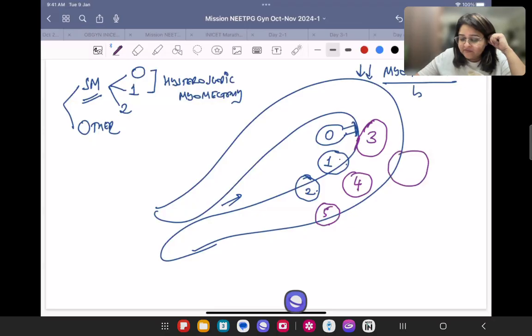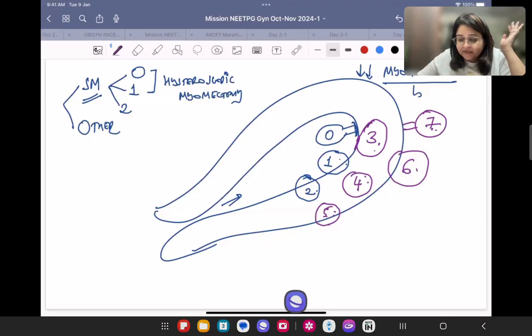This is a type 6 fibroid. More than 50% is subserous, less than 50% is intramural. This is a type 7 fibroid. What is a type 7 fibroid? It is pedunculated subserosal. So you have 3, 4, 5, 6 and 7 which are intramural or subserous. If you want to classify, 3 and 4 are intramural, and 5, 6, 7 have a subserosal component.